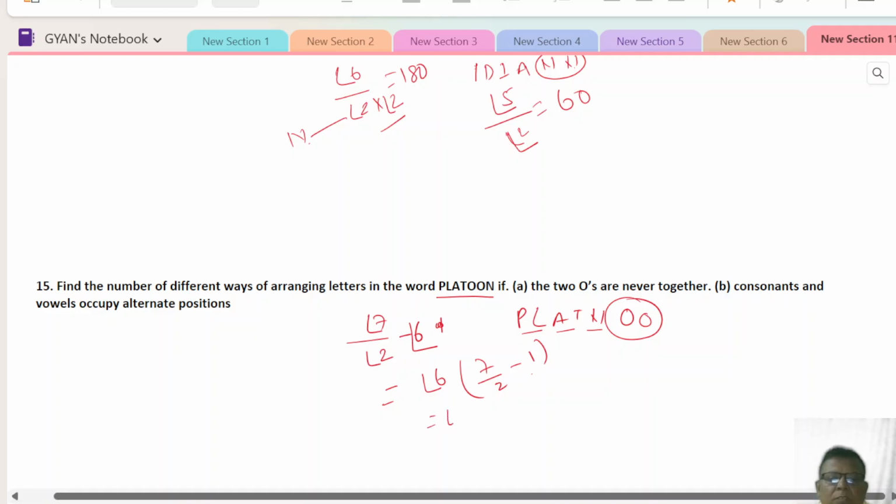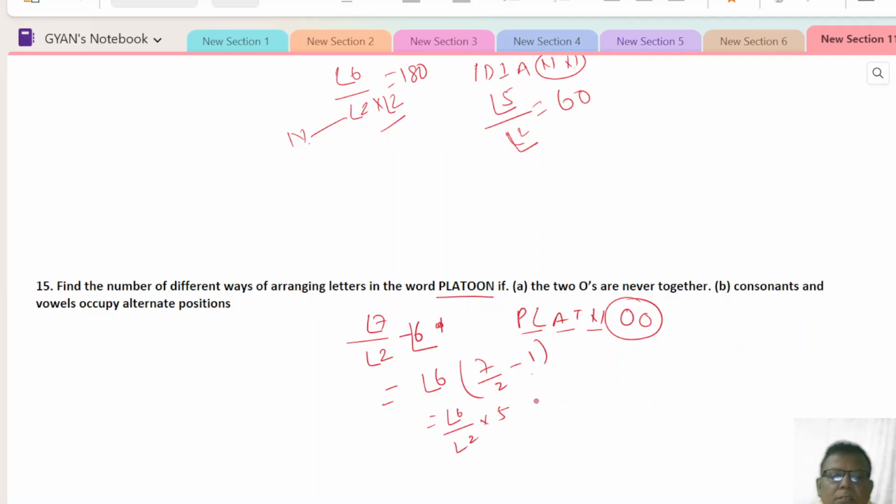So factorial 6 divided by factorial 2 into 5. Factorial 6 means 720, into 5 divided by 2, 360. That is equal to 1800. 1800 will be the answer.